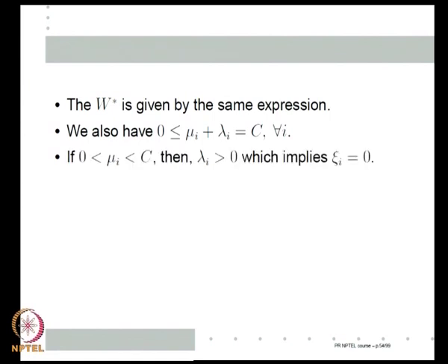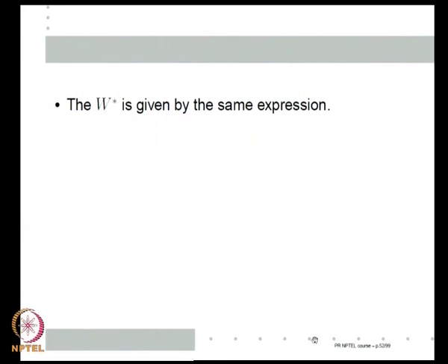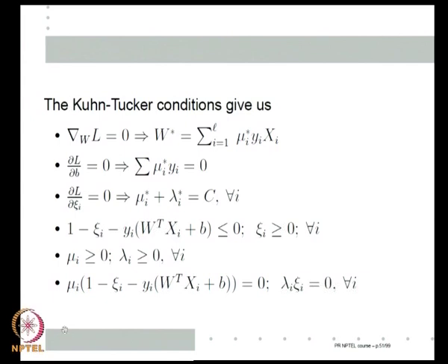Remember my complementary slackness: if mu I is greater than 0, then this term is 0, this constraint becomes equal to 0. Similarly, if lambda I is greater than 0, then Ji becomes equal to 0.